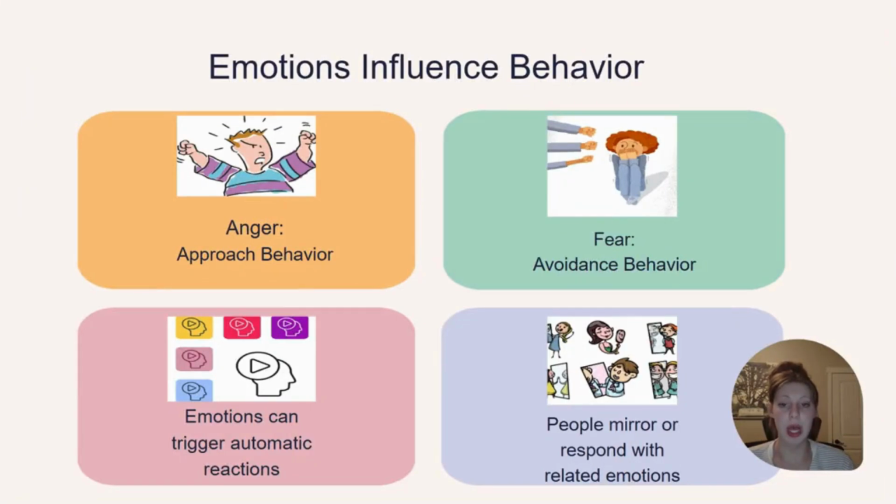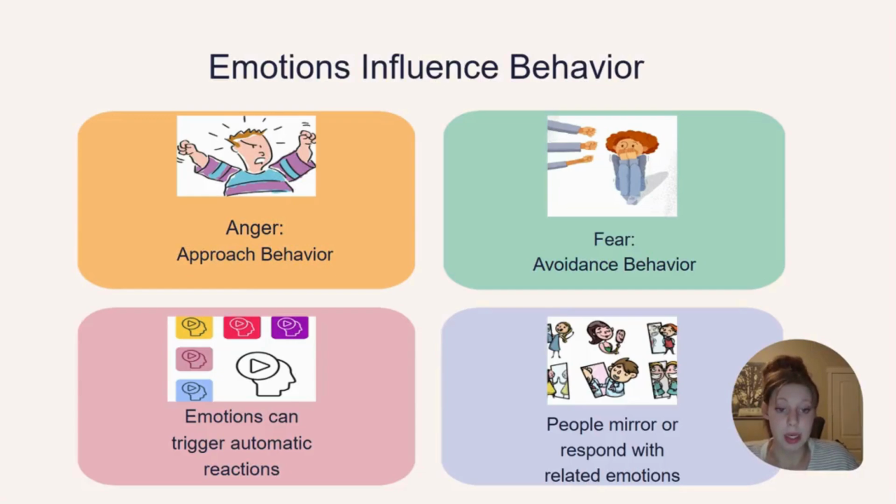Hi everybody, so today I'm going to be talking about emotions and how they influence our behavior. So I'm going to first talk about anger, which is an approach behavior. So what approach behavior means is basically the stimulus that is causing the frustration, the anger. Someone will have an outburst or try to get rid of that emotion in a way of like yelling, trying to stop it by being like, you're making me so mad, or just completely letting all of it out on someone.